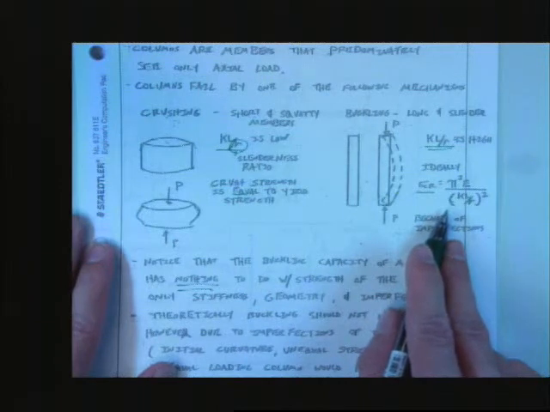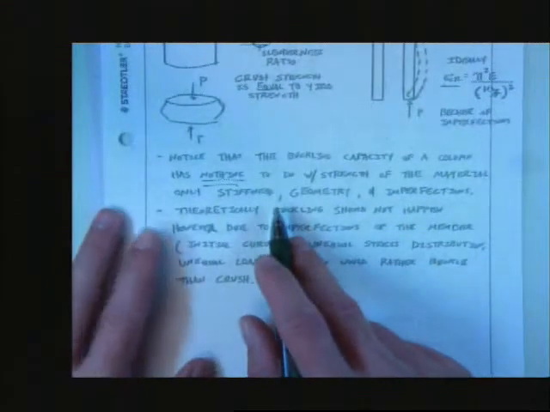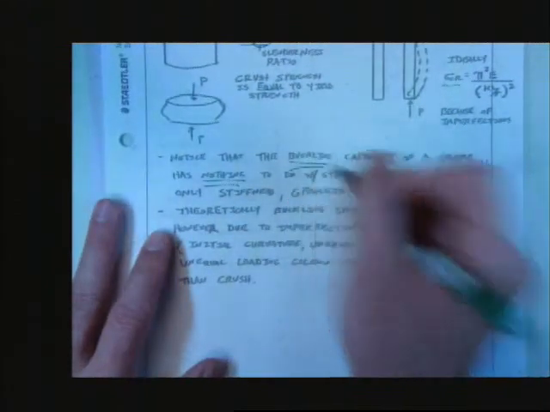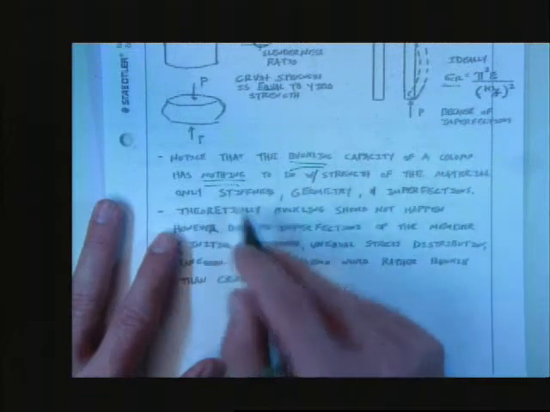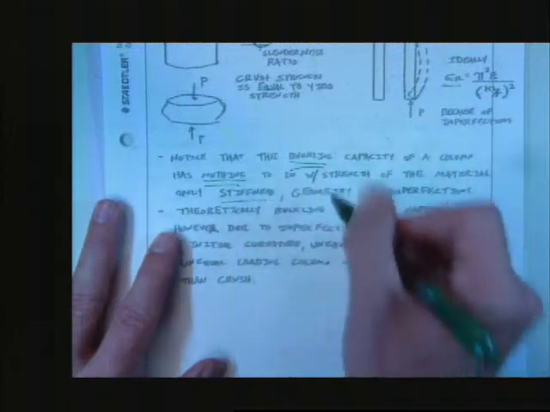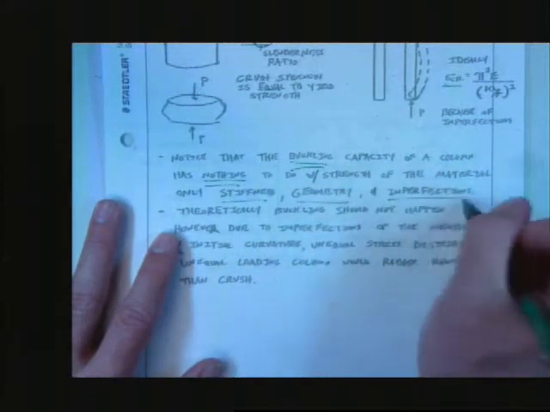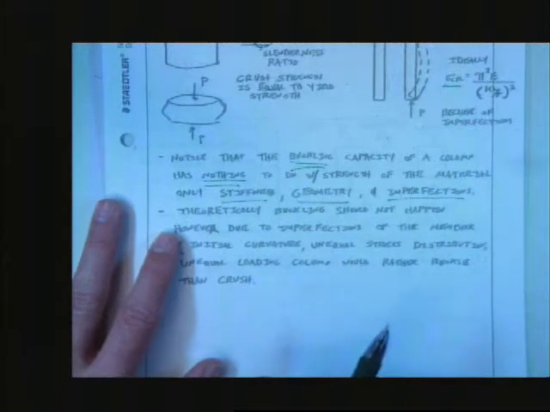There's no Fy in there. There's no Fu. There's none of that. It's because the buckling capacity of a member, and we're talking about buckling capacity, only depends on stiffness, geometry, and imperfections. Stiffness, geometry, imperfections.